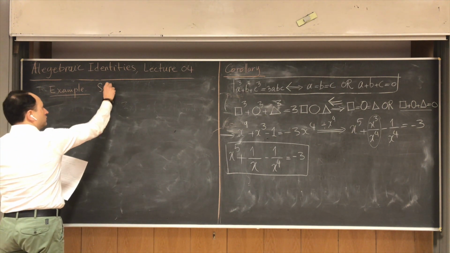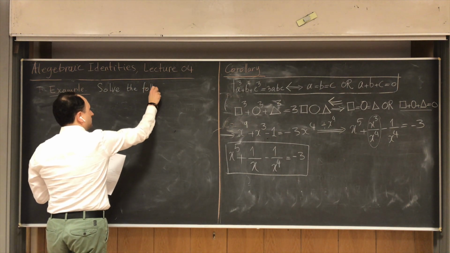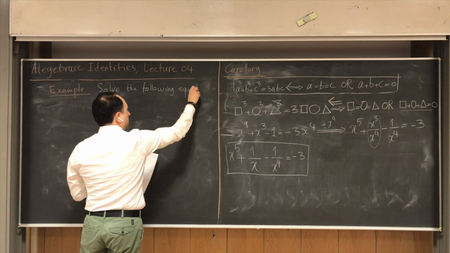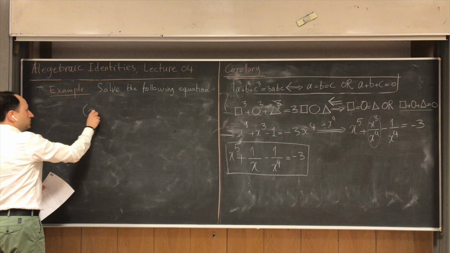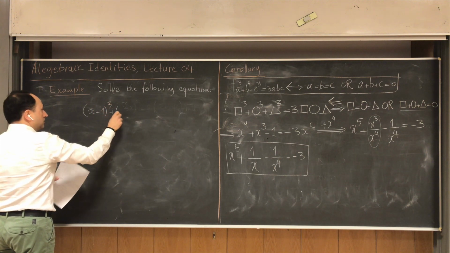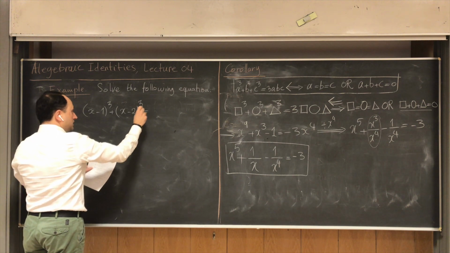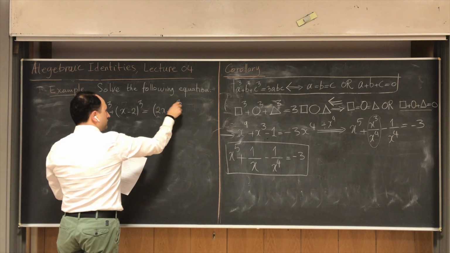Solve the following equation. Yes, so the equation is this. X minus 1 to the 3 plus x minus 2 to the 3 is equal to 2x minus 3 to the 3.